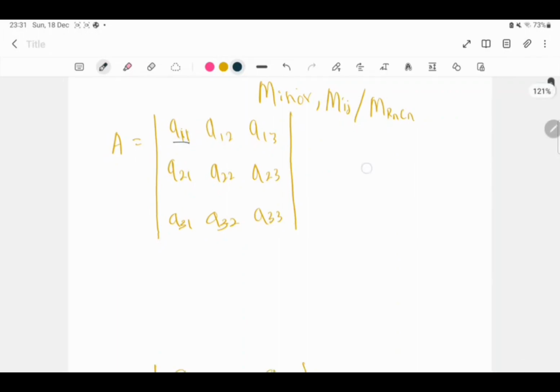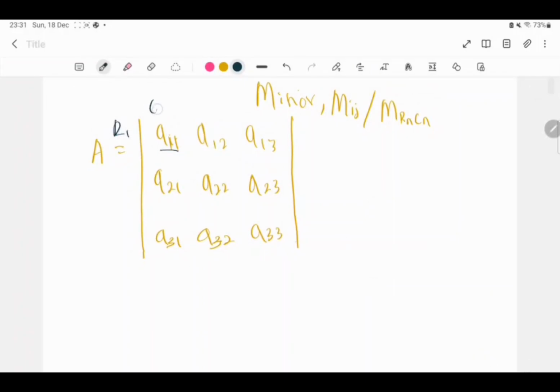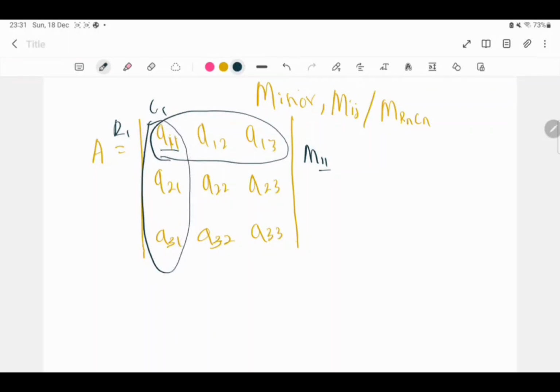For A11, we know it is row 1 and column 1. What's the minor for A11? The minor for A11 is M11. First we circle the row 1 and the column 1.